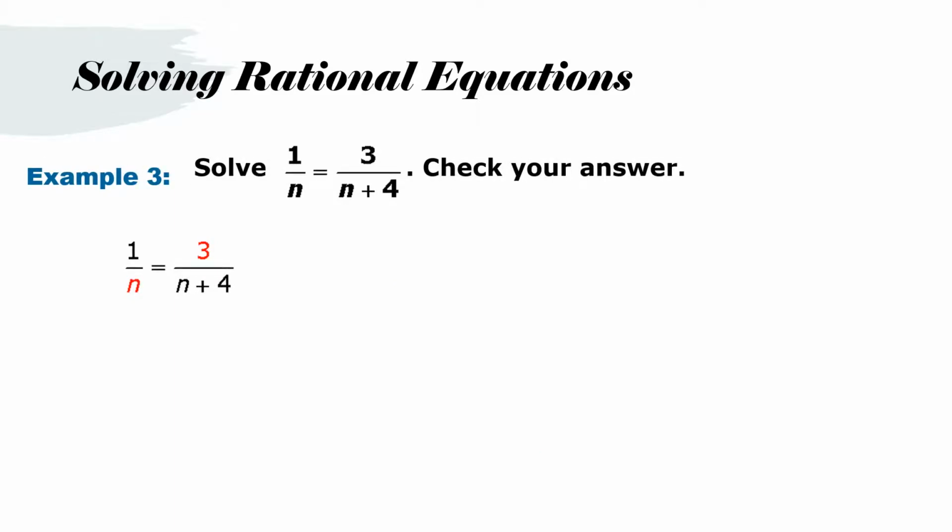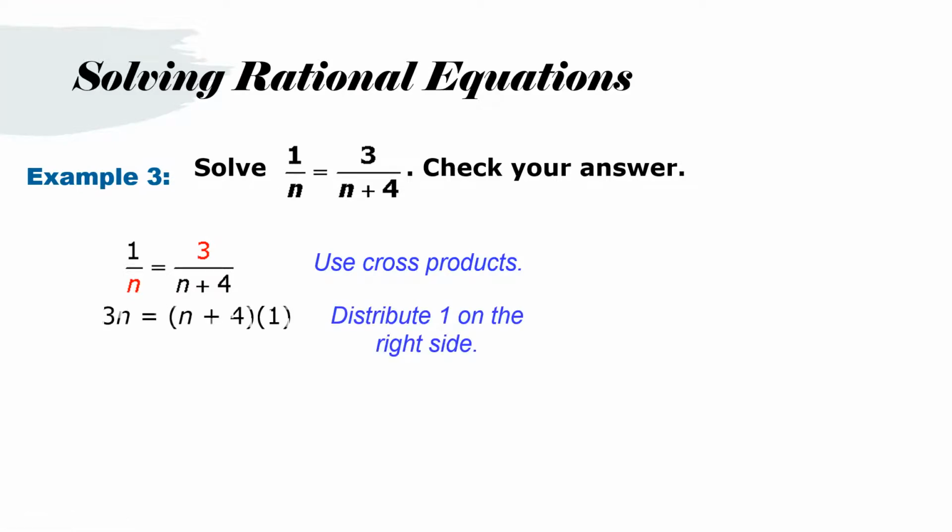Another, let's solve 1 over n equals 3 over n plus 4. Then check your answer. In this case, it's quite easy. We have just to use the cross products. So numerator times denominator. The denominator on the left side will be multiplied to the numerator on the right side.